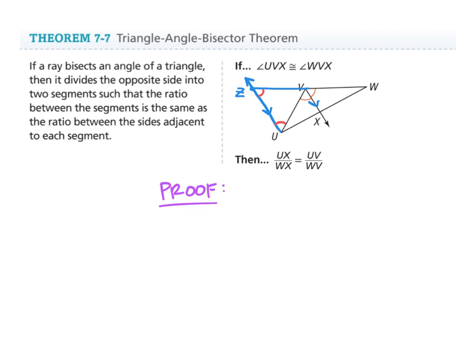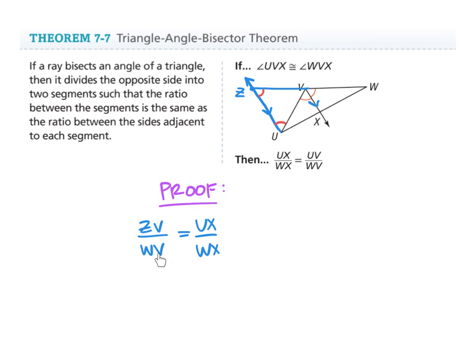So let me write that down. ZV over WV should be equal to UX over WX.